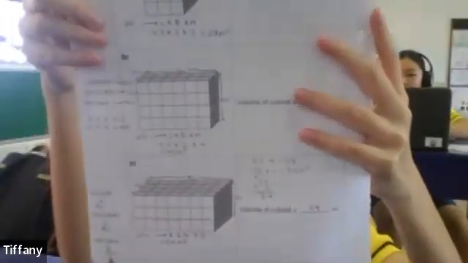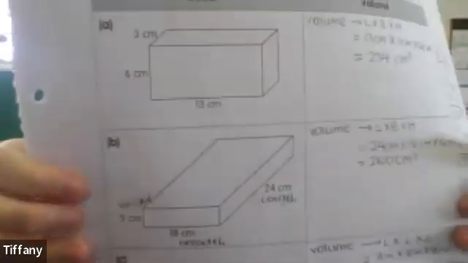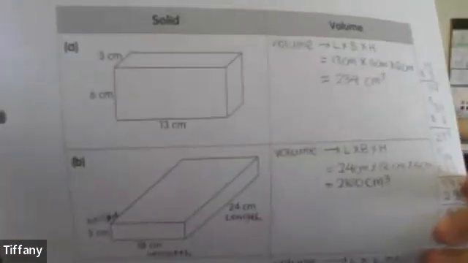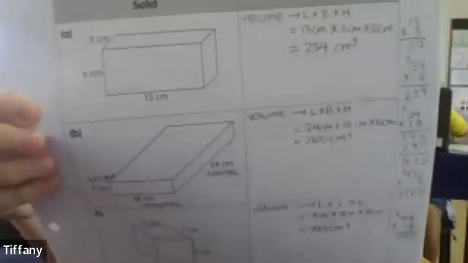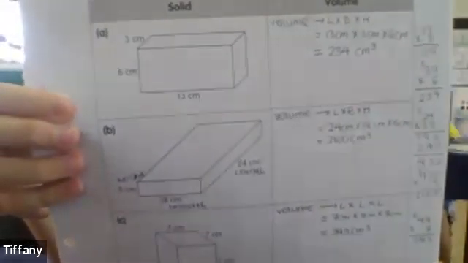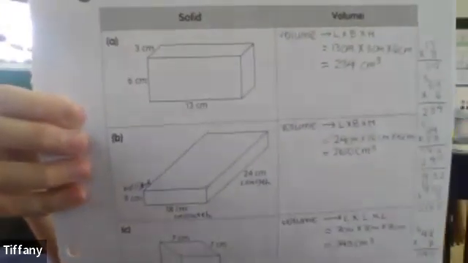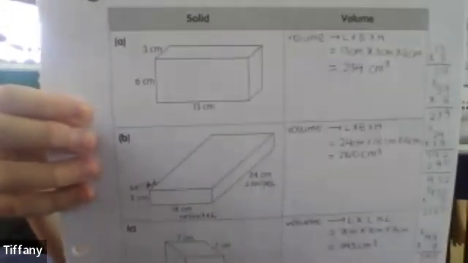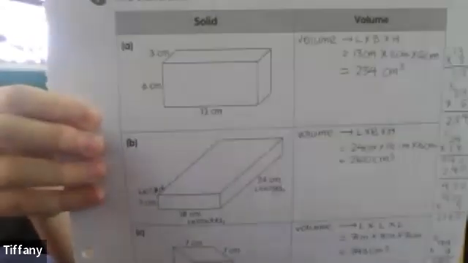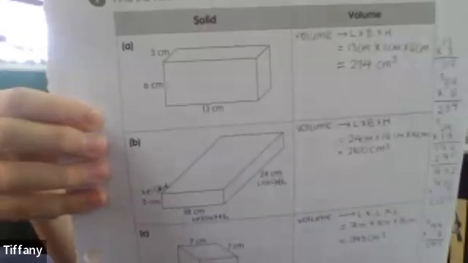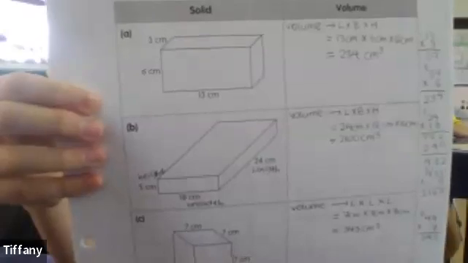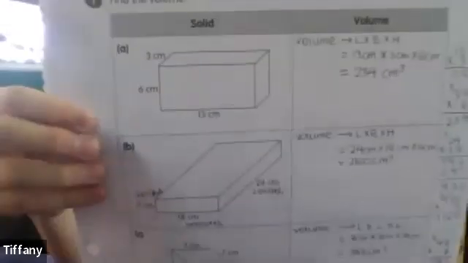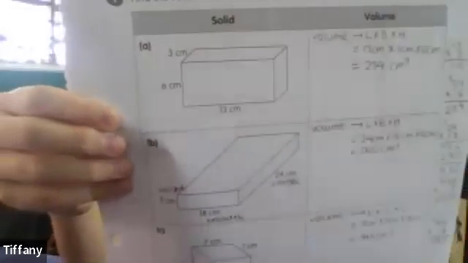You're working, don't cover your working, please. I like the working at the side. 24 times 18, so 240, add together you get 432. 432 times 5, then she gets 2,160.